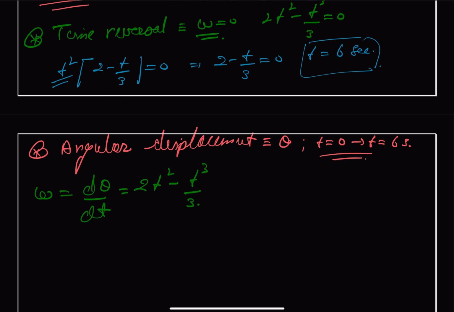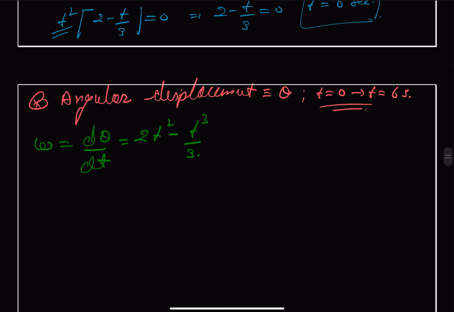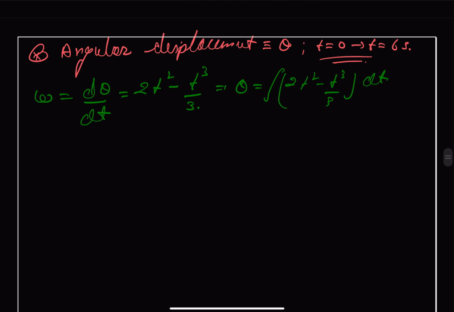We can write from here that theta will be equal to the integral of 2t square minus t cube by 3 times dt. And we get theta equal to 2t cube upon 3 minus t to the power 4 divided by 12 plus c.